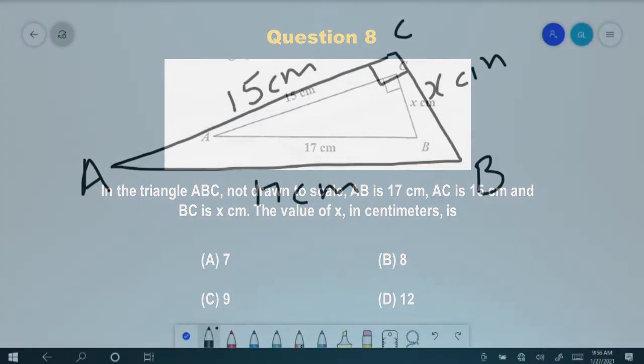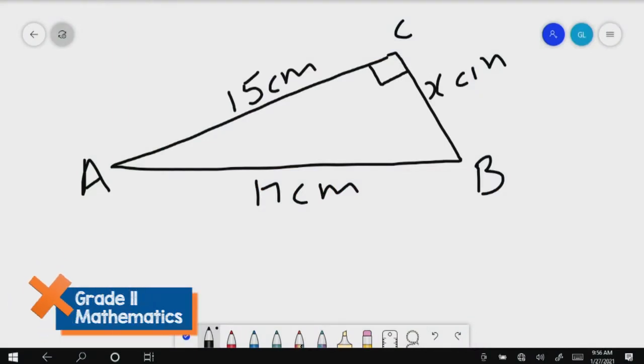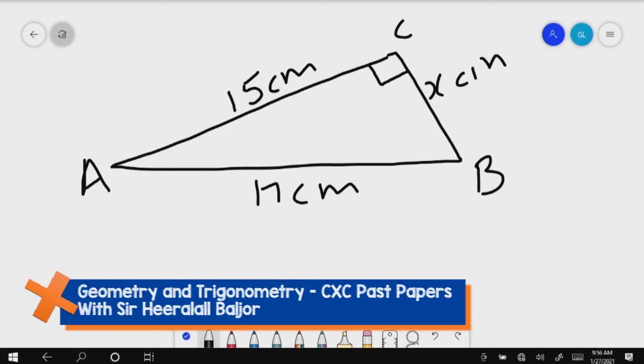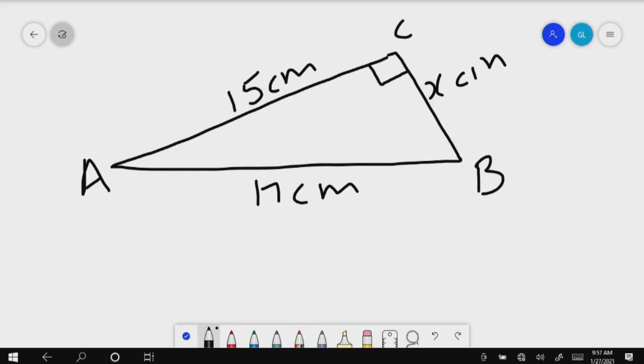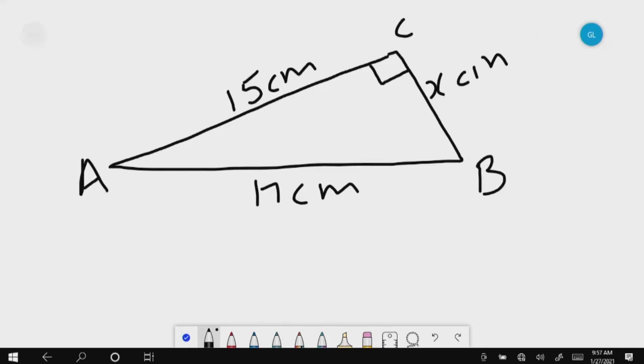Now here we have a different proposition that this question poses. We were not given any acute angle for the right angle triangle to find a side. Instead, we were given two sides and we need another side. So what is the concept to be applied for us to find an unknown length given two sides of the right angle triangle?